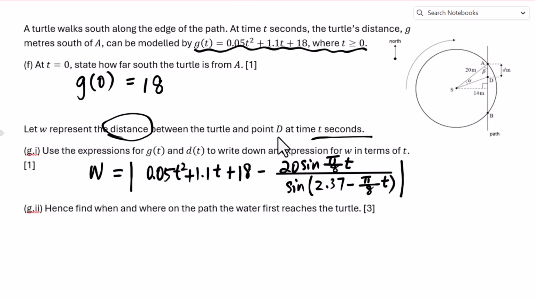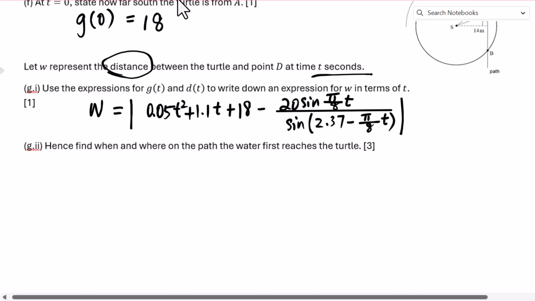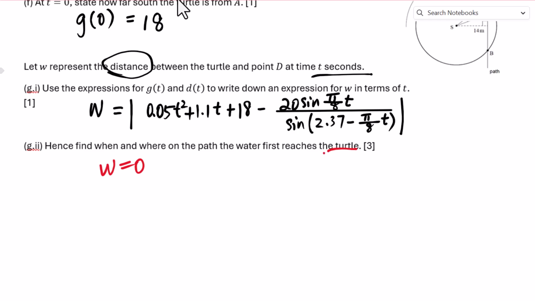Hence find when and where on the path the water first reaches the turtle. When w equals 0, the water will reach the turtle.